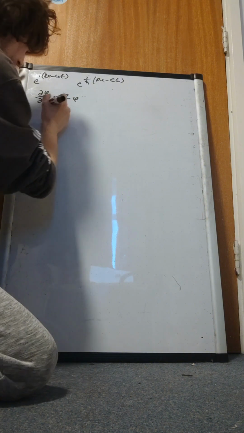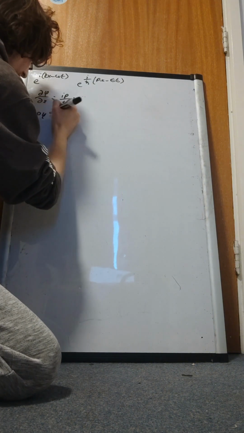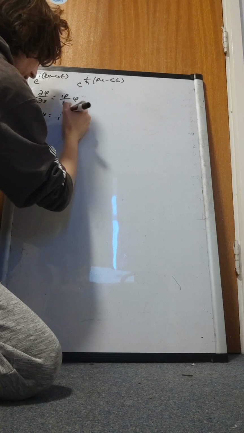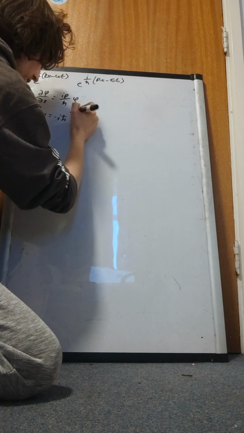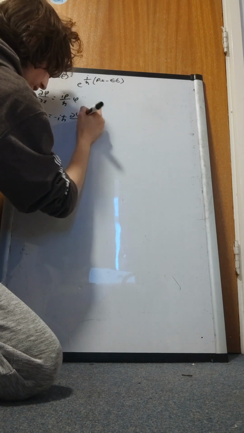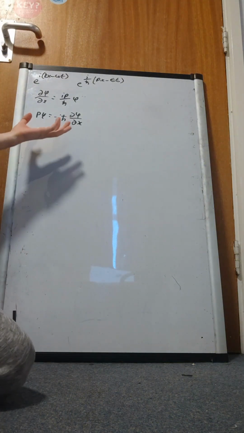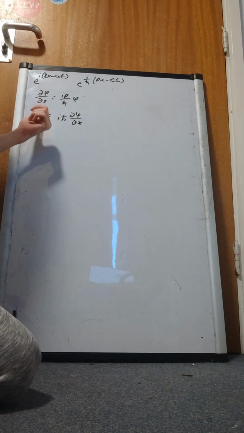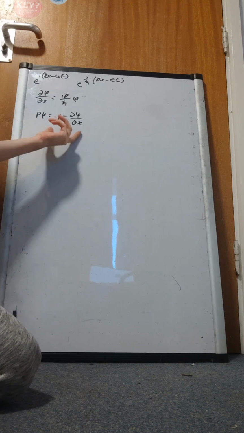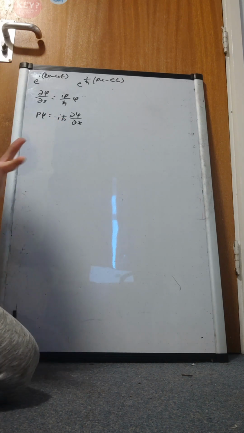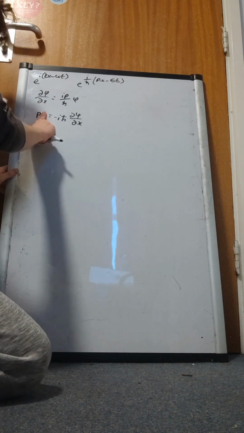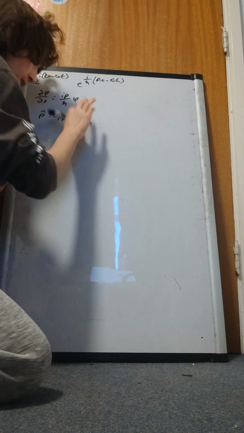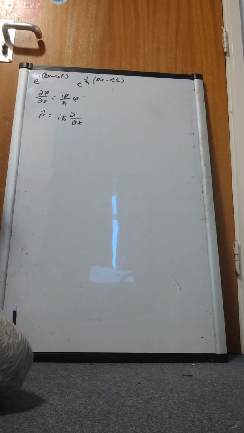Then we end up with pφ equal to -iħ dφ/dx. This is saying that momentum times this wave function is equal to this expression. Now we can rewrite this in operator form by rewriting p as p hat, removing the wave function. And this is our momentum operator.